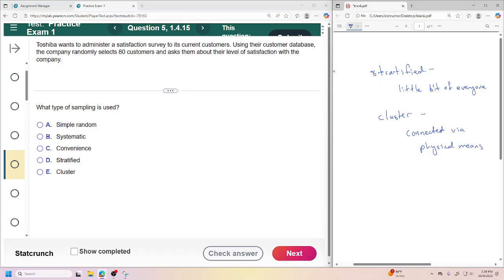Or you have the same area code on your phone number. So then you pick everybody that does that, right? Or you pick everybody in the city of Killeen. You don't have to pick every single city in Texas. Just everybody in Killeen. That'd be a cluster. Systematic.